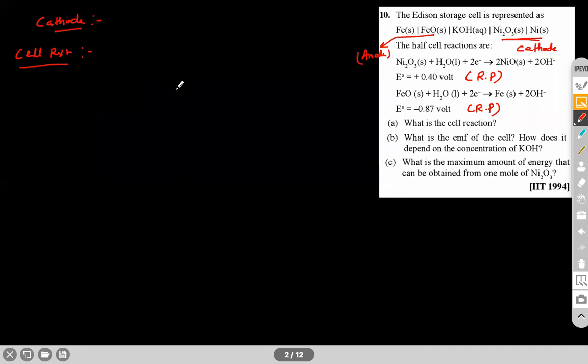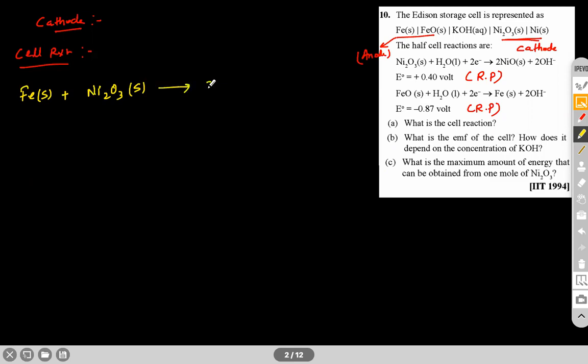Cell reaction is, we'll inverse the second and add with the first one. So I'm writing it down directly. Fe solid plus Ni2O3 solid, H2O, and electron get cancelled.